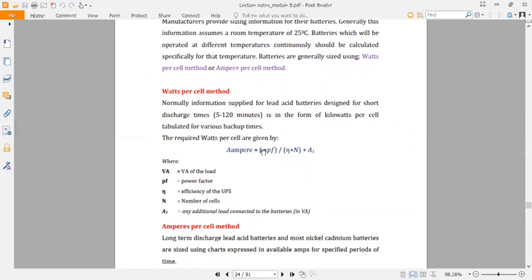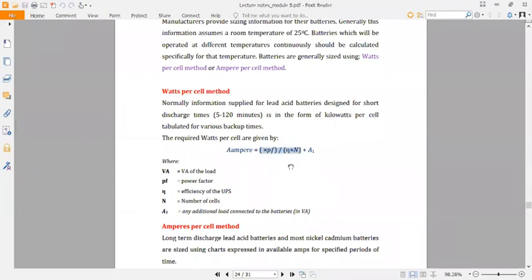Something is missing here. Here it should be the volt ampere of the load. So the ampere of the cell is equal to the volt ampere rating of the load into power factor, divided by the efficiency of the UPS into the number of cells.